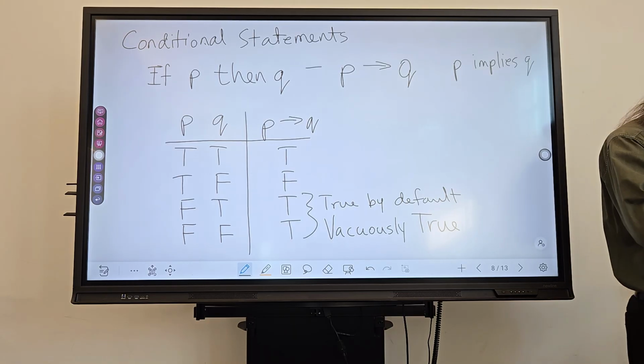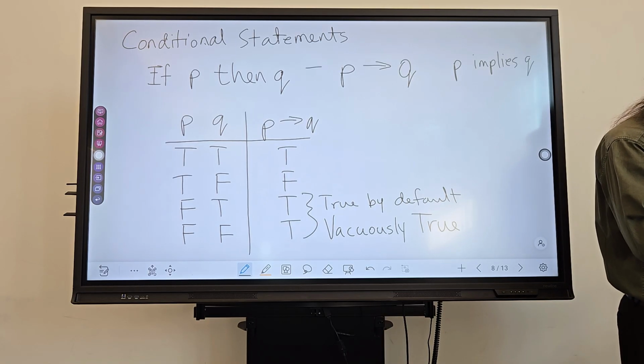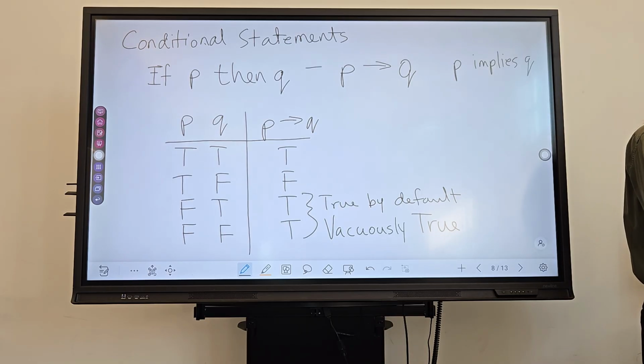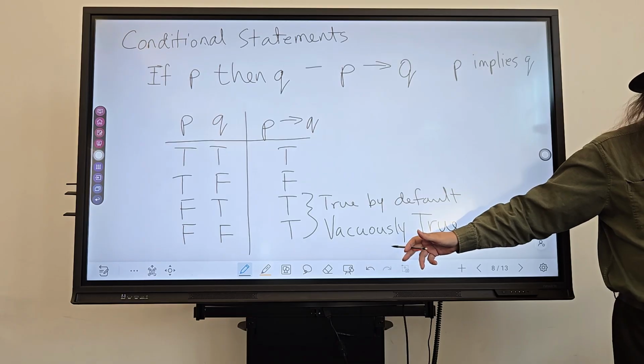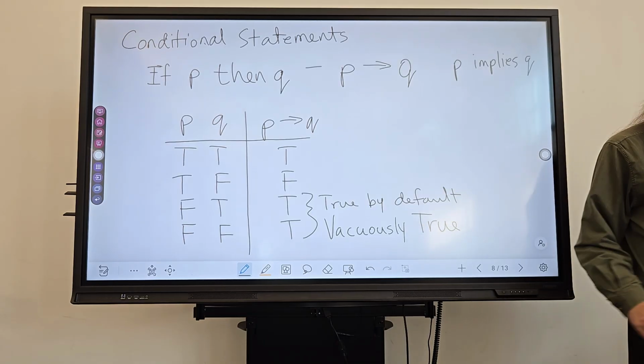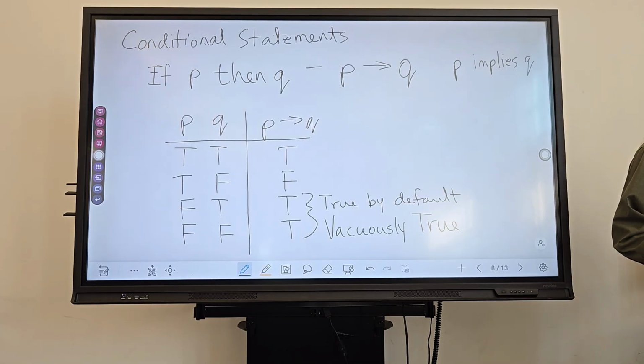Now, here's the thing. If a conditional statement has a false hypothesis, the overall statement is true by default, or vacuously true. Take, for example, if 0 equals 1, then 1 equals 2.